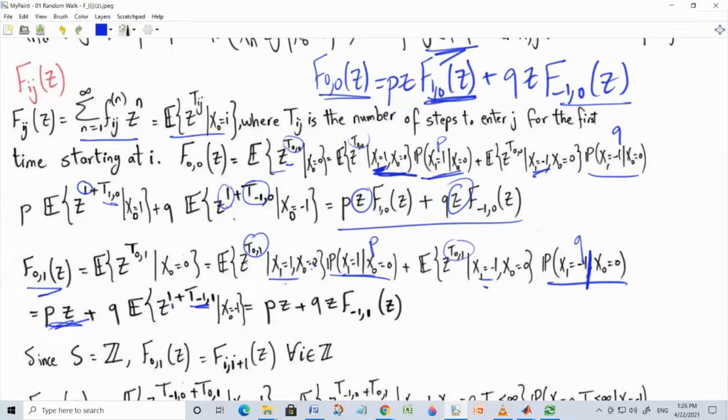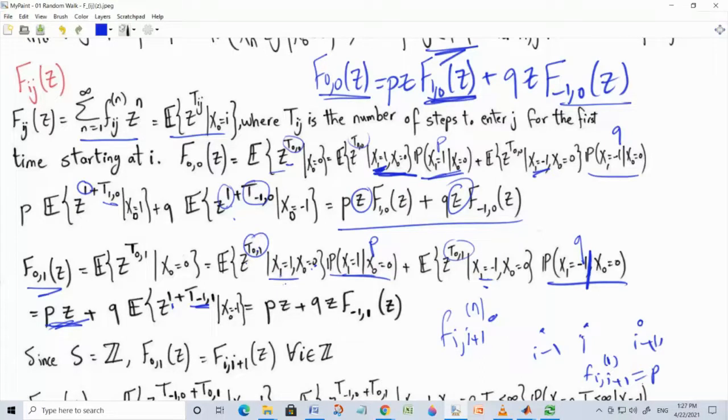So f01 of z is fi, i plus 1 of z, and again you can study the probabilities. If you are at i, and this is i plus 1 and this is i minus 1, what is fi, i plus 1 of 1? What is the probability that you go from i and enter into i plus 1 for the first time in one step?